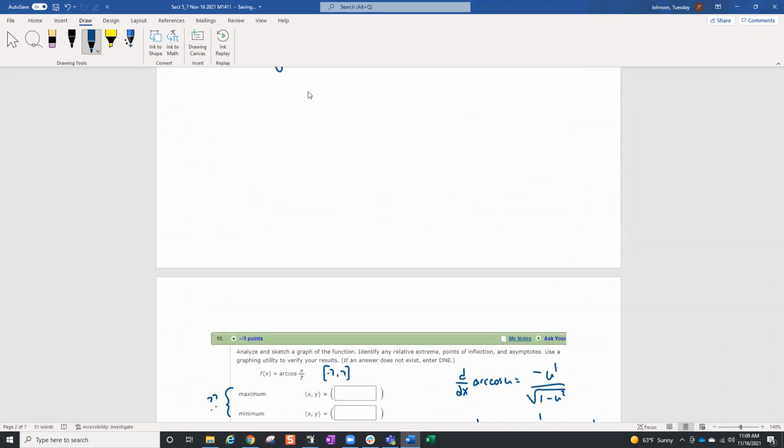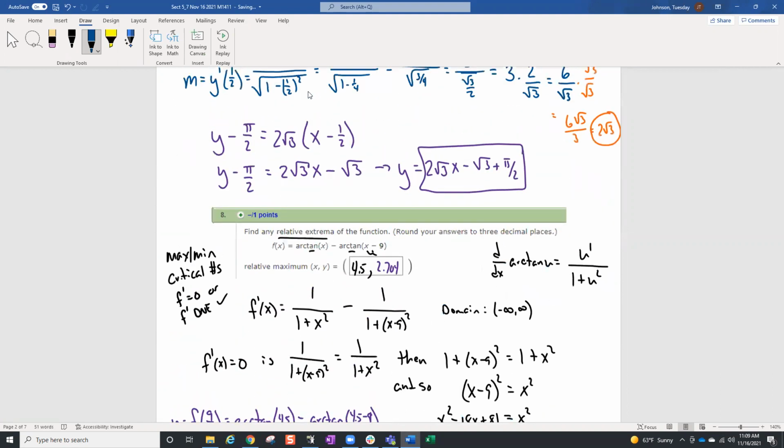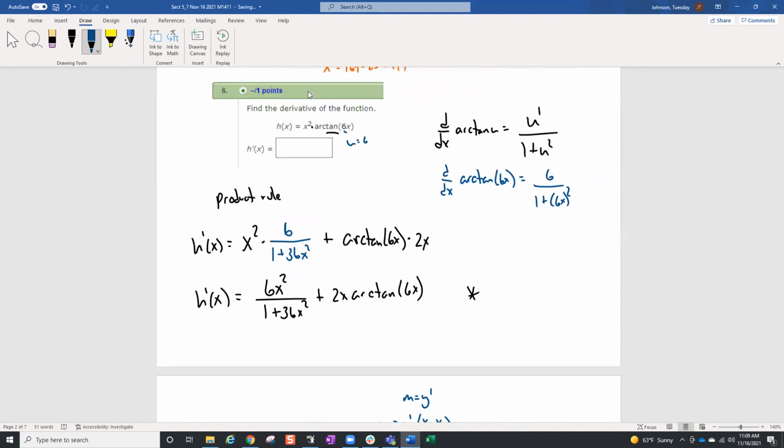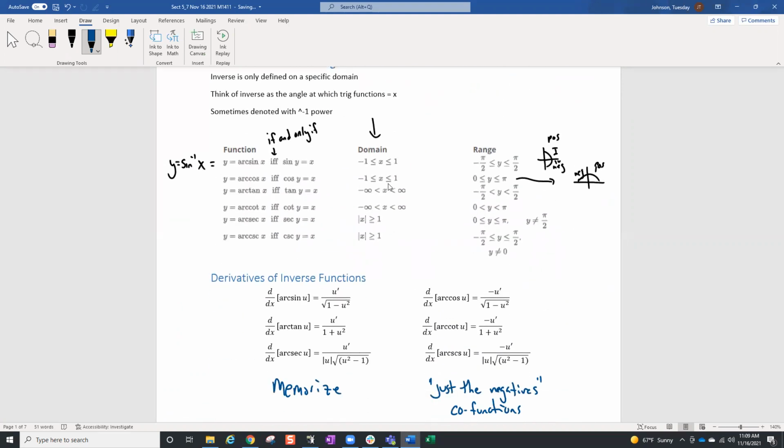Let me scroll and make sure. Trying to do a slow scroll so I don't kill your eyes as I do it, but I really just want to get up here. Arc cosine of x, yep, or equal to, because we have x over 7, that extends this to from -7 to 7.